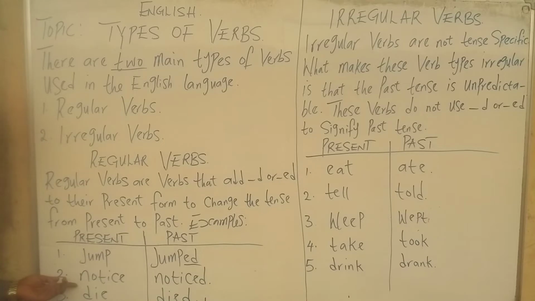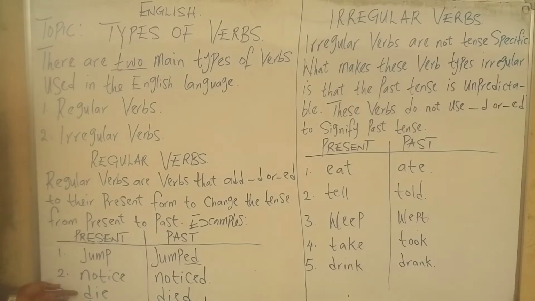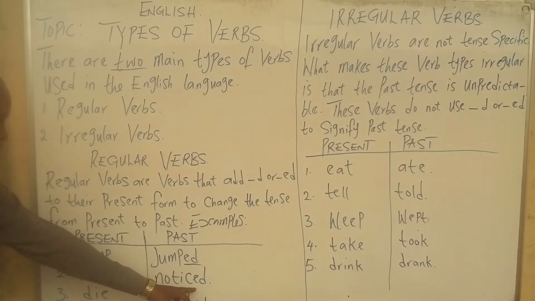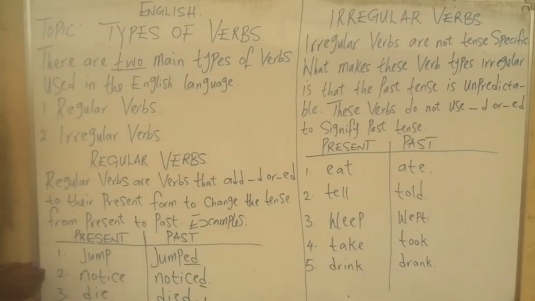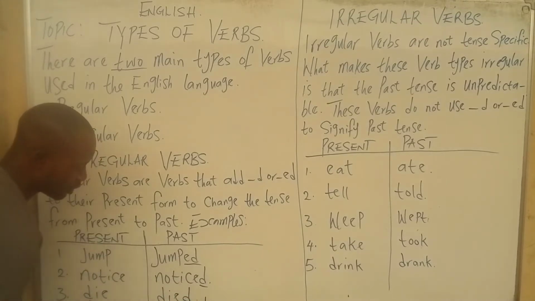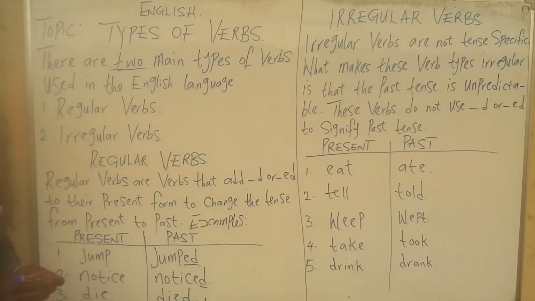Number two, notice. You see, it changed to what? Noticed. It added only what? D. Now let's go to number three. Die. Died, when somebody goes off or a living thing no longer lives. Now see, died. This one too added what? D, making it past tense.